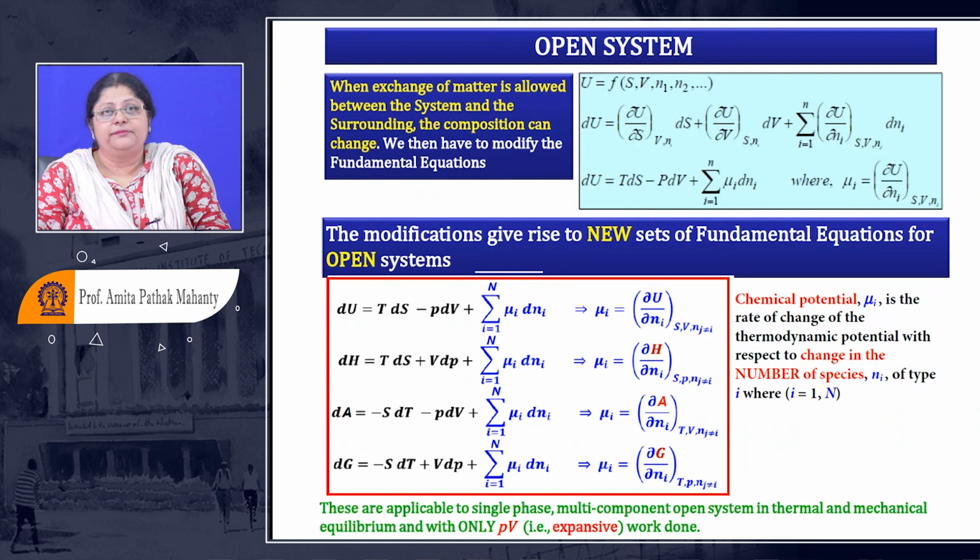Only one component of mu will come in, that will be mu times the change of the number of moles of that. But if you have multi-component, then you have to include the summation and add up all the terms. The chemical potential mu i is the rate of change of the thermodynamic potential with respect to the number of moles of the species. Am I clear?